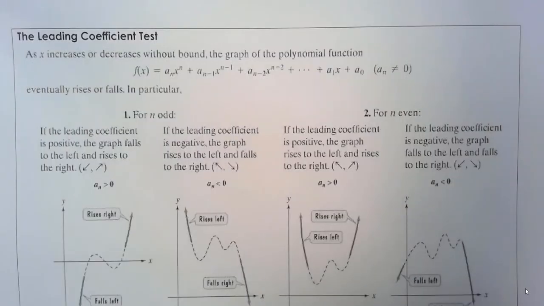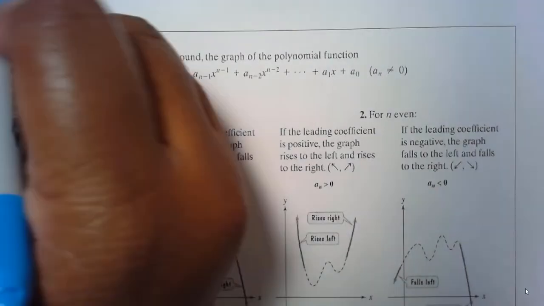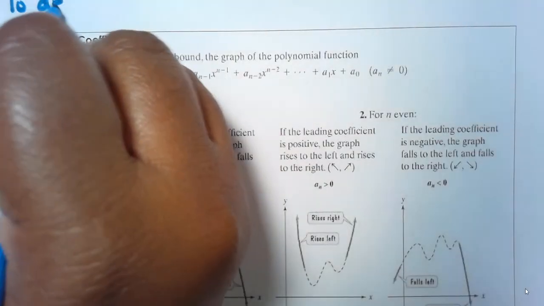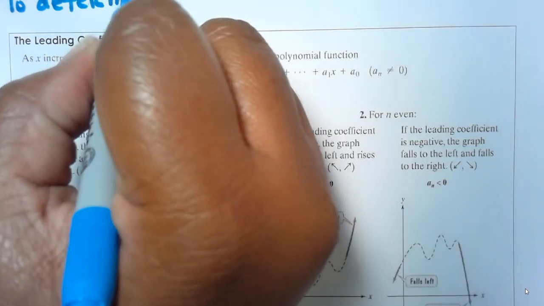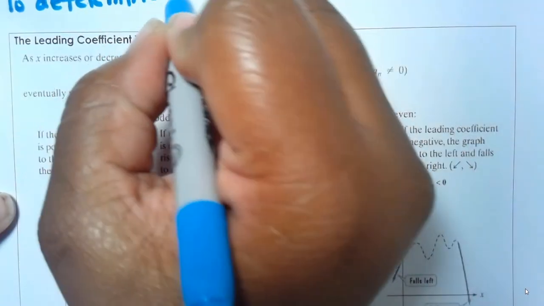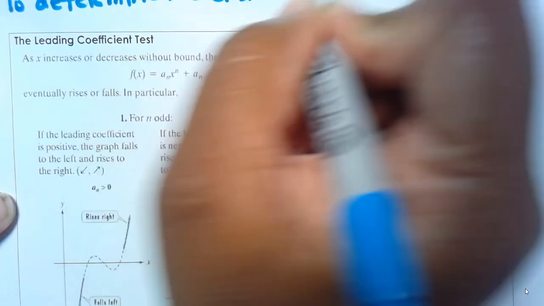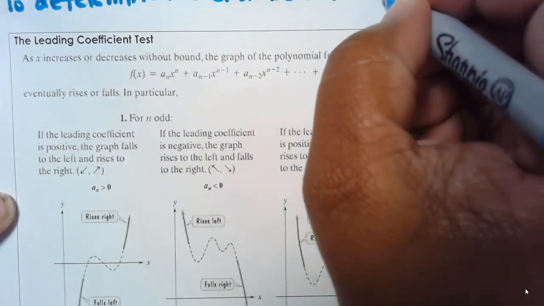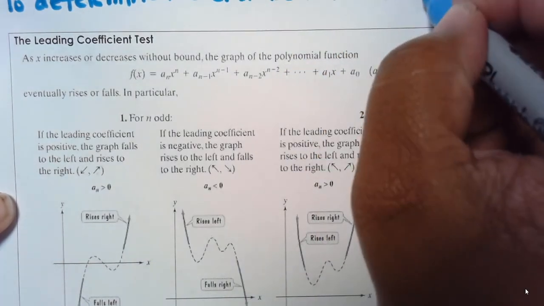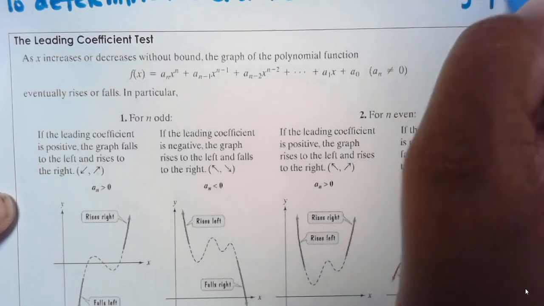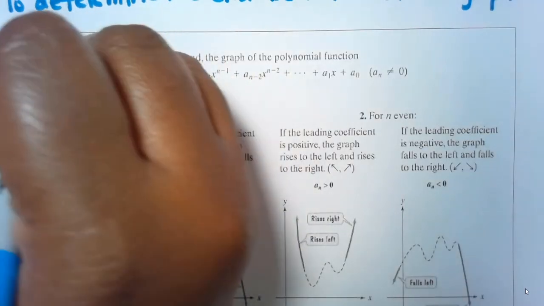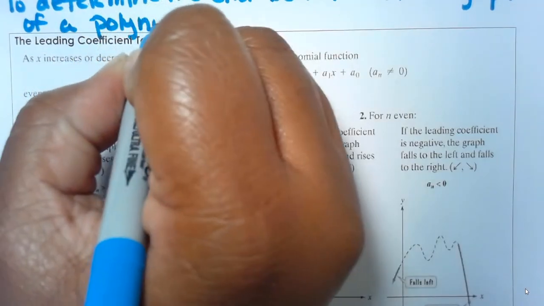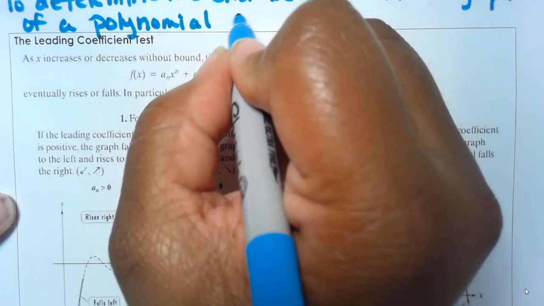All right, so we're going to talk about the leading coefficient test. And the leading coefficient test is used to determine the end behavior of the graph of a polynomial function.